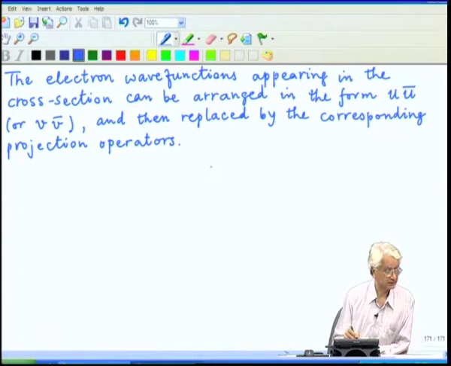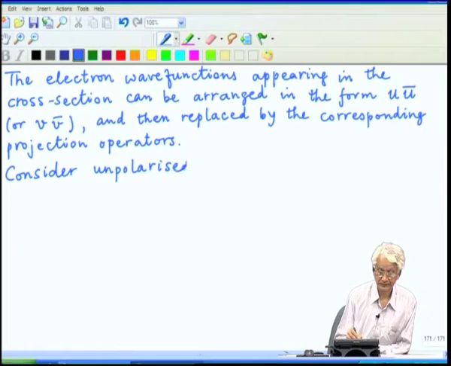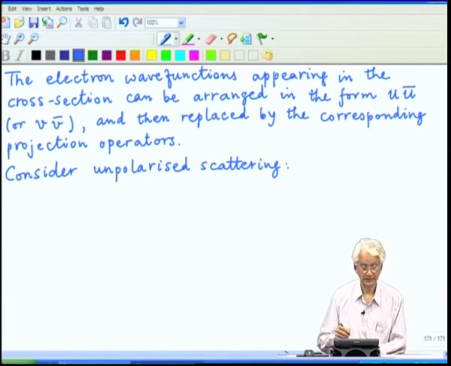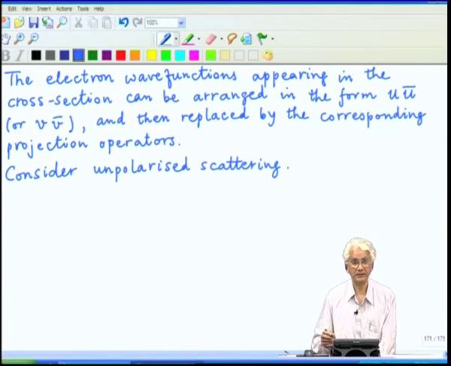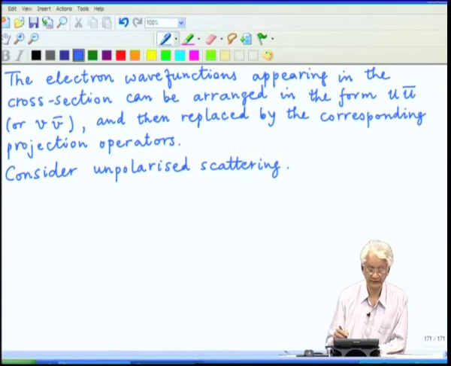So, let us just work it out explicitly. So, consider now the special case of unpolarized scattering. Which means that the initial values of the two polarizations are equally likely, and in the final state we do not observe the polarization, we just sum over the two possibilities.